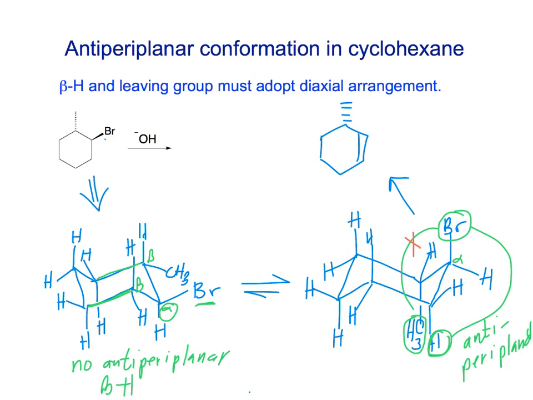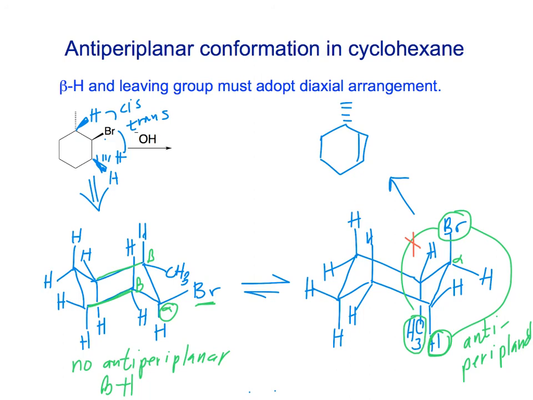All right, so we have to be able to consider this arrangement. What we're looking for really in our cyclohexane is that we need to have a hydrogen that is trans to the leaving group. So here is our hydrogen here. Those are cis, so no elimination can go in that direction. Over here, because there's actually two hydrogens here, this bromine and this hydrogen are trans, so they can adopt an anti-periplanar arrangement.